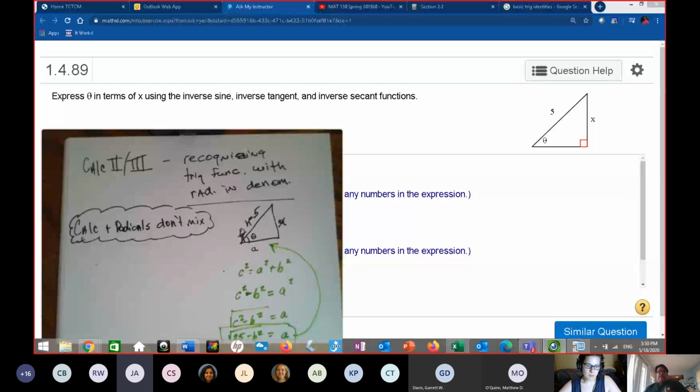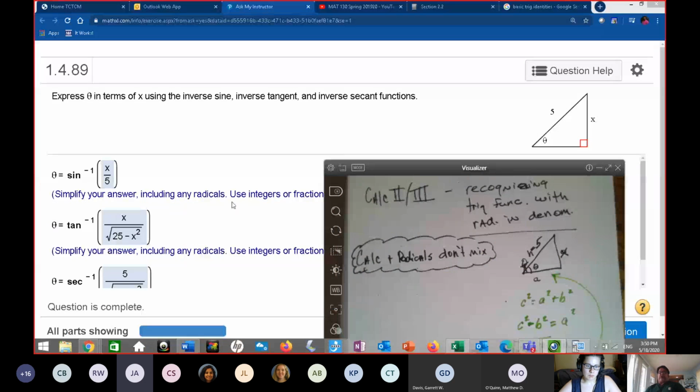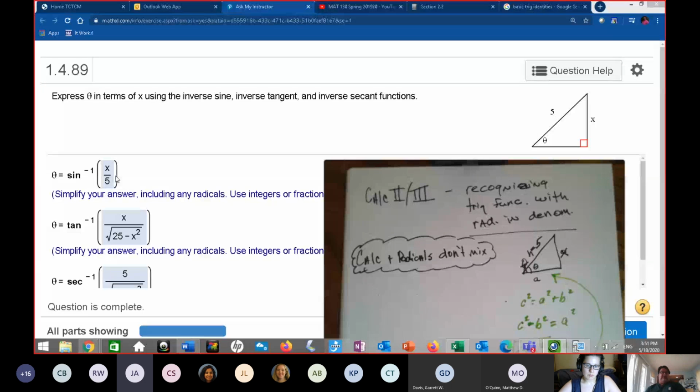And now you just go back to your basic trig functions, and it is the inverse. Oscar had, that's going to be the sine of theta. Yeah, that's right.